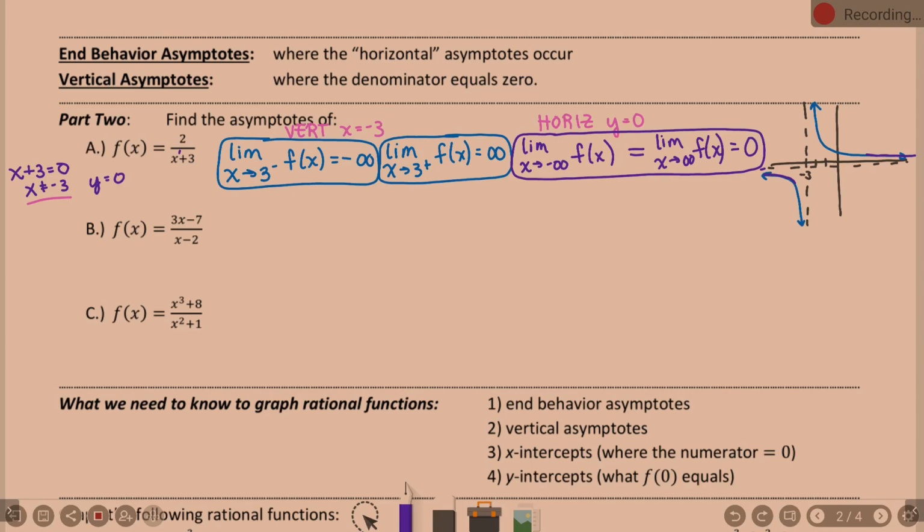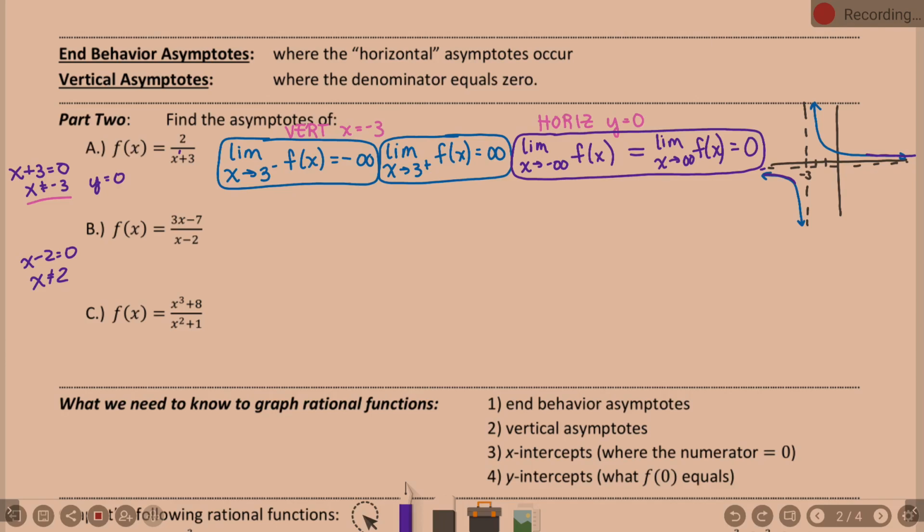Ready to try B? Okay. Eyeball it. What do you know about the asymptotes? X can't equal 2 and cannot equal 7/3. Wait, no, there's 3.